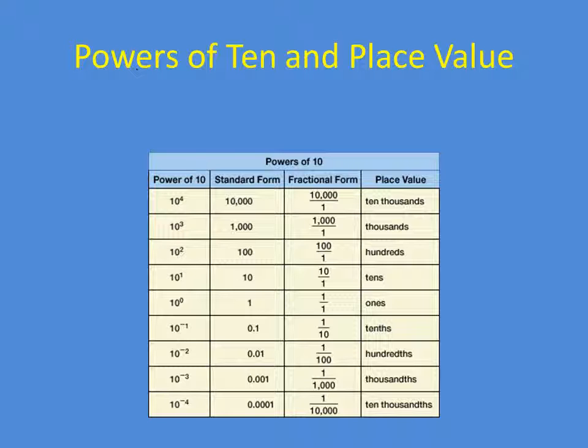If I move down to the next column, when I'm 10 to the negative second power, I've got 2 digits behind the decimal, and I'm equal to 1/100th, which puts me in the hundredths place. Hopefully you can see the pattern here. When I go to the next place value, I have 3 digits behind the decimal. I'm 1/1000th, and I'm in the thousandths place.